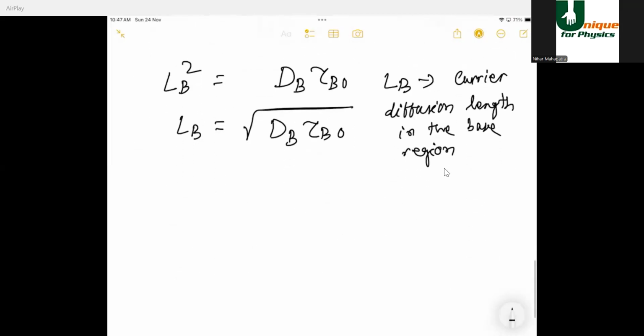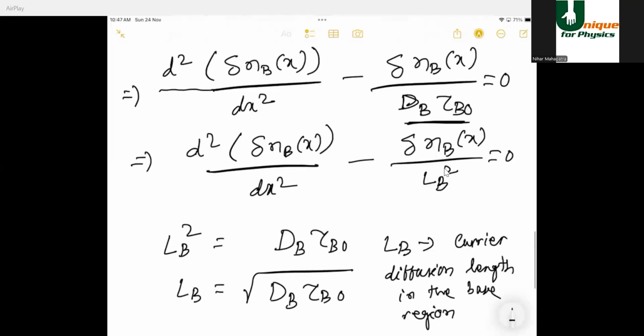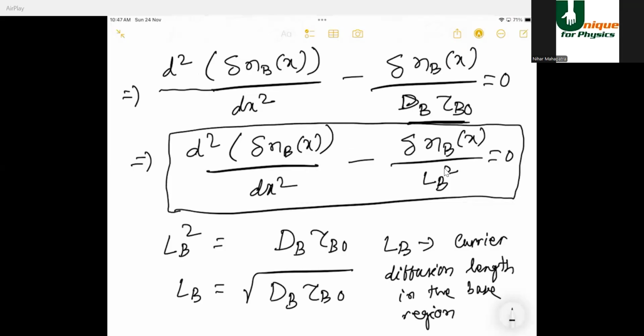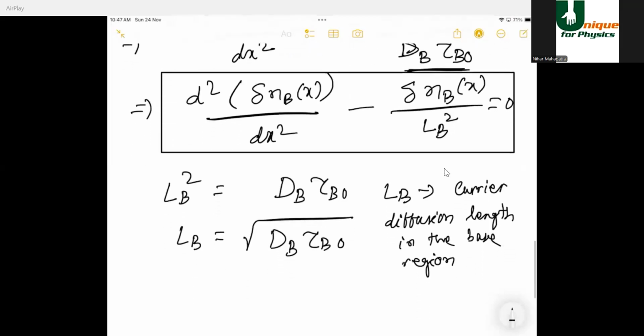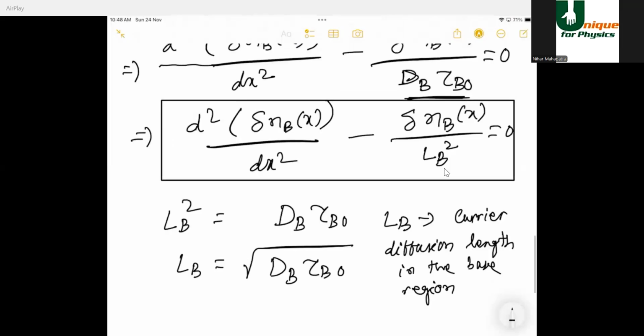Okay, so this whole thing is an ordinary differential equation. You can see this, right? We can write a general solution to this differential equation. It is in the form d square y upon dx square minus some constant times y is equal to 0.